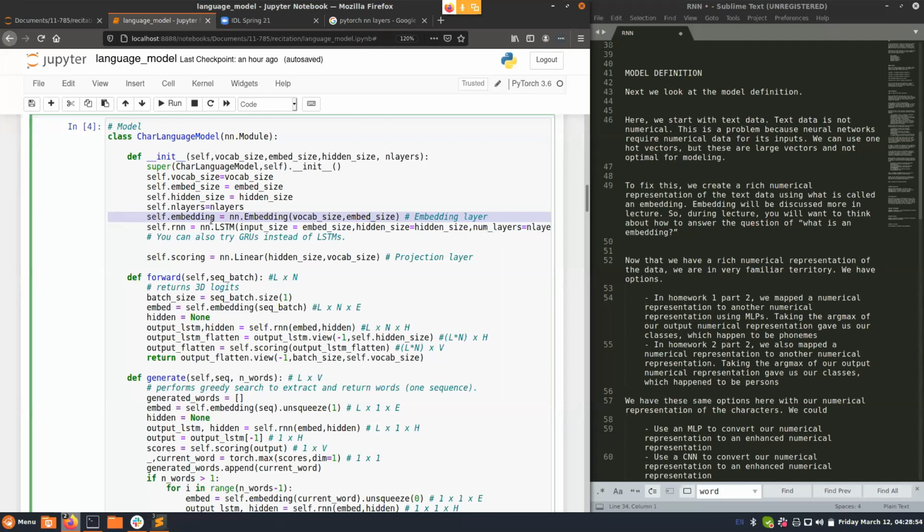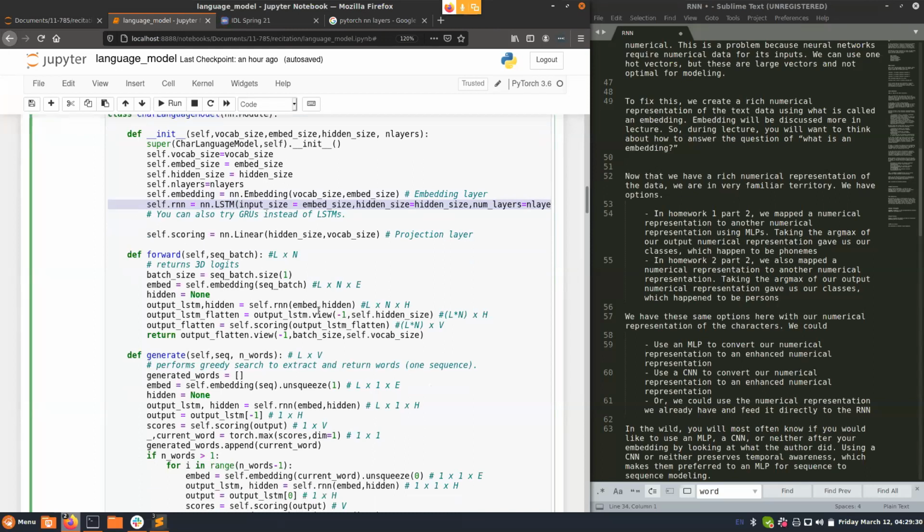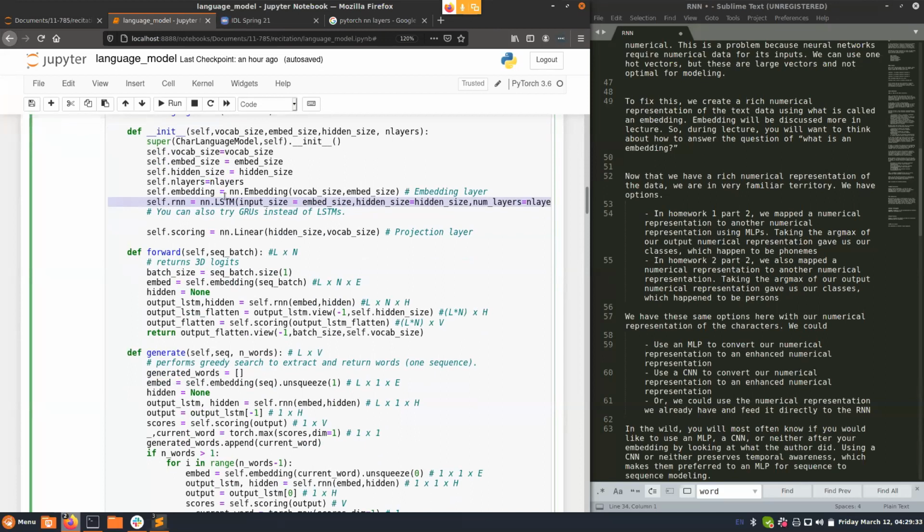In this case, now that we have this numerical representation, we can choose if we want to use an MLP at the beginning of our model, or a CNN at the beginning of our model, or we can just go straight from our embedding to the next part of our modeling process, which is the LSTM. So we'll just be going straight to the LSTM. That's why we have our embedding layer and our LSTM layer, the two core parts that we're starting with.